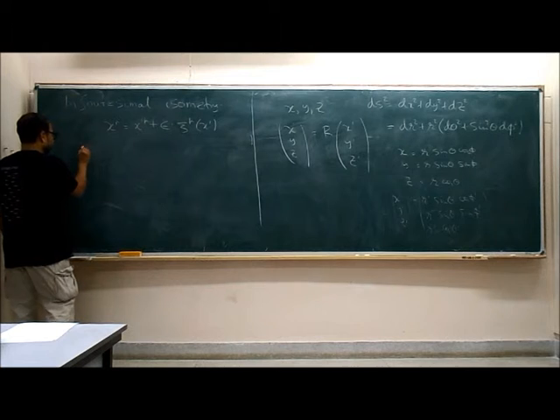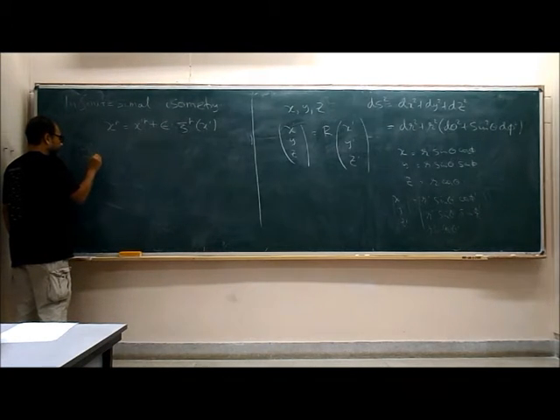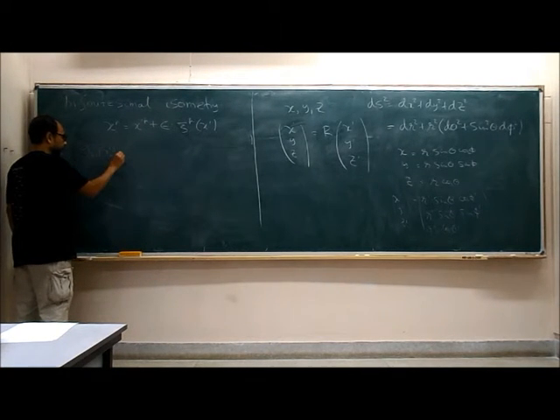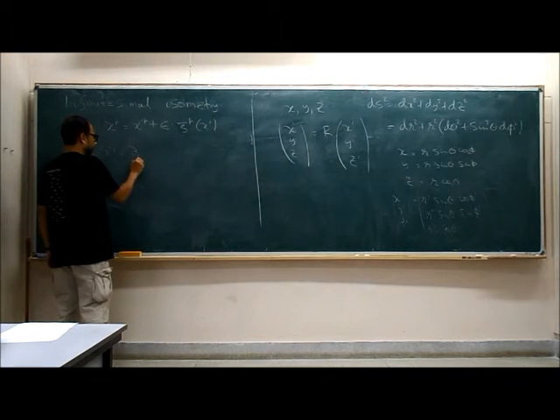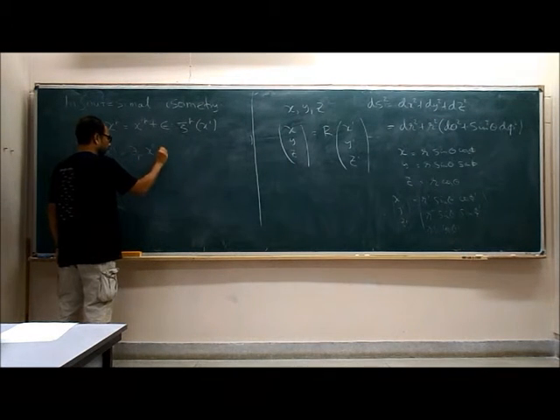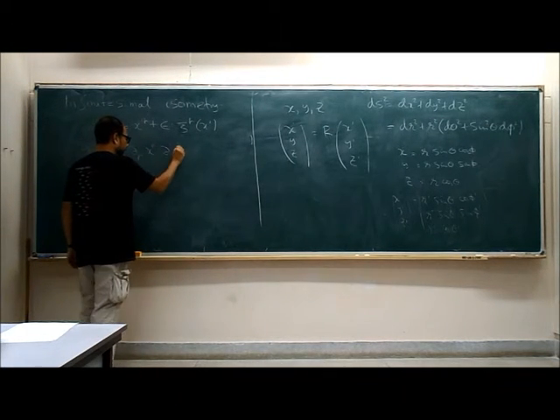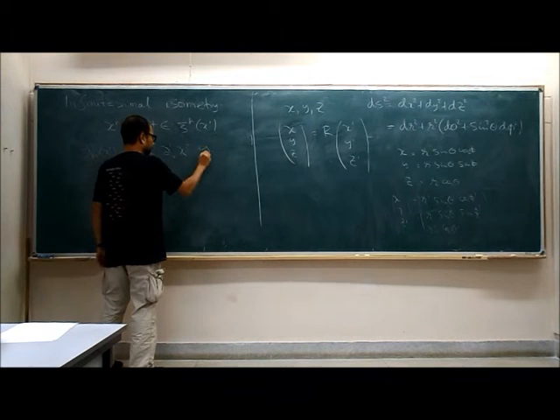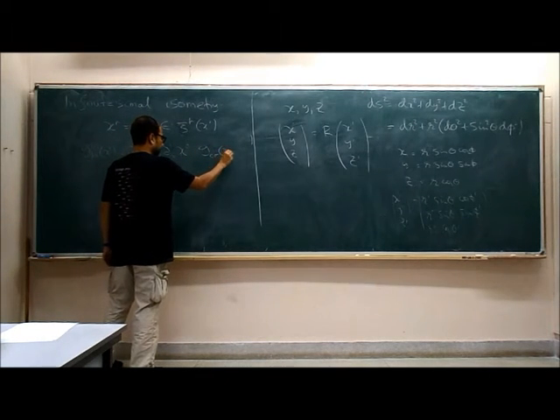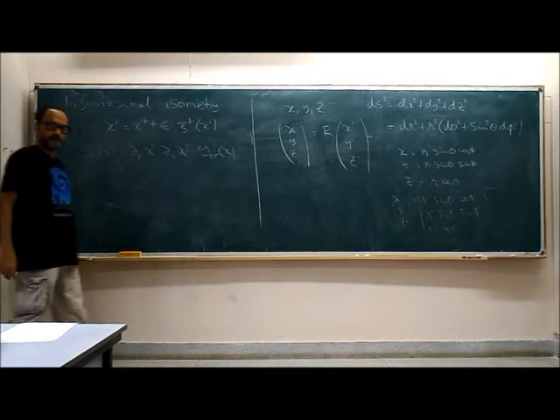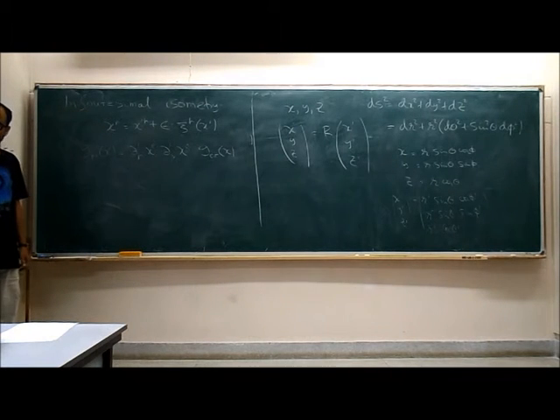So g'_μν, we can calculate this. g'_μν of x' is given by ∂'_μ x^ρ ∂'_ν x^σ g_ρσ of x. Okay, this is the definition of the general coordinate transformation. Now let's calculate this.